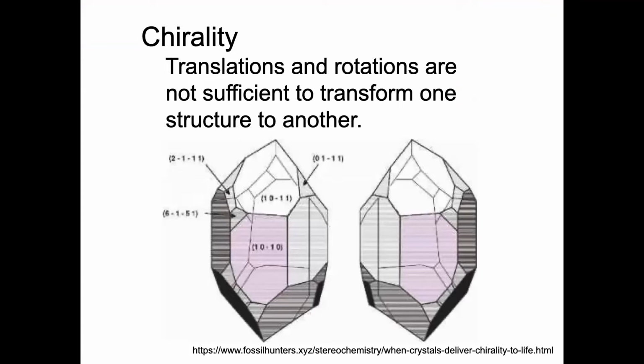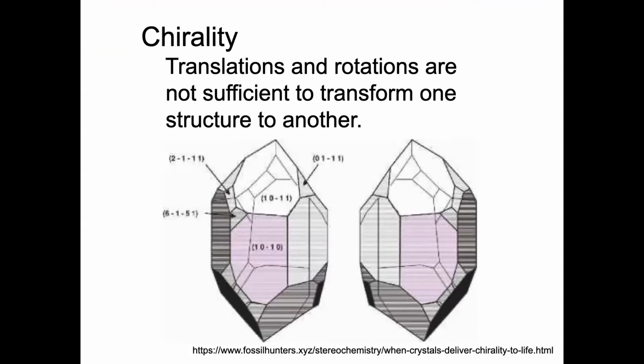So I want to talk a little bit about chirality, and not in terms of what we see with chiral preference in sugars or in amino acids, but in terms of the mathematics of it a little bit.